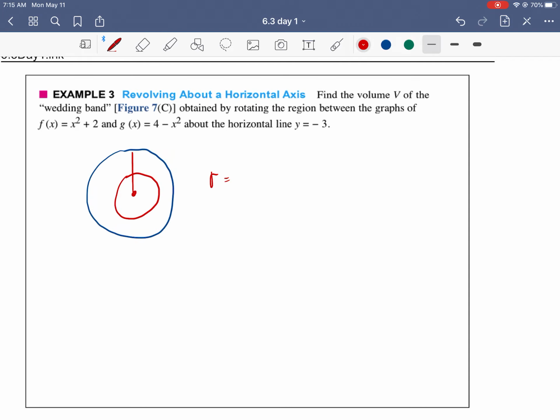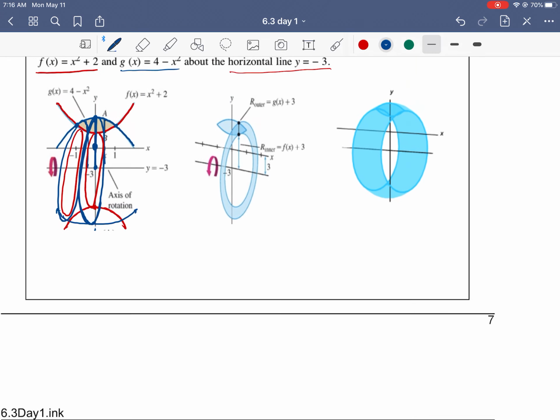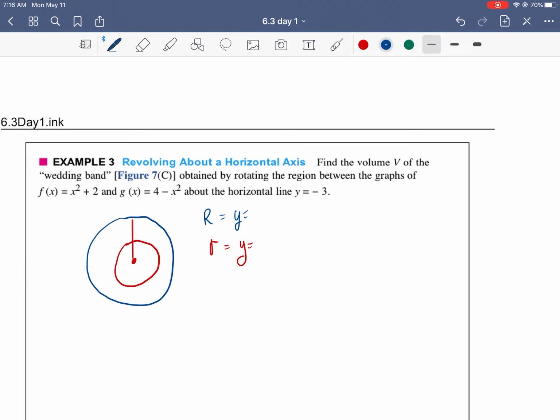Okay. So I need a little r running vertically, so it is a y equals. And I need a big R running vertically, so it's a y equals. Okay, so blue was G. And red was F. Okay.